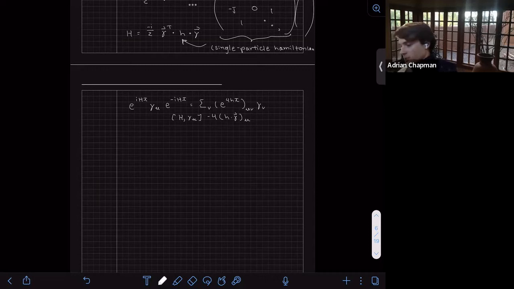Okay, so now that I know that I can do these covariant rotations, I can find the diagonalizing orthogonal matrix of the single particle Hamiltonian h. For any anti-symmetric matrix, you can always find an orthogonal matrix that brings it not to diagonal form, but to Williamson or block diagonal form.